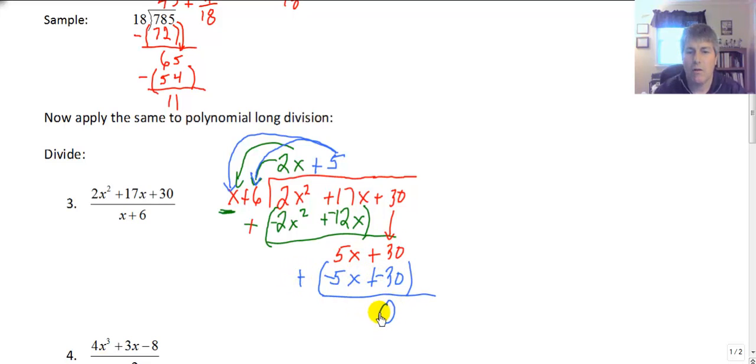Everything drops out. So apparently x plus 6 goes into 2x squared plus 17x plus 30, 2x plus 5 times. And if you remember your multiplication and with FOIL, we can see that 2x plus 5 times x plus 6 is going to equal all of that.